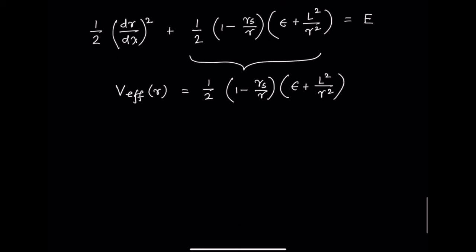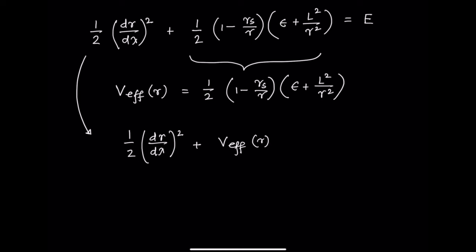So if I write it this way, then you see that this expression looks very familiar now. It's like dr d lambda whole square into half, which is like the kinetic energy, plus an effective potential energy, which is a function of R only, equals the total energy. And it has this form, which is a very, very familiar form to us.